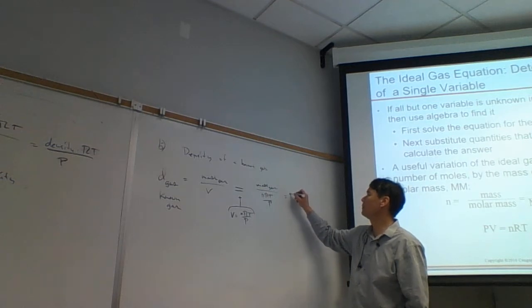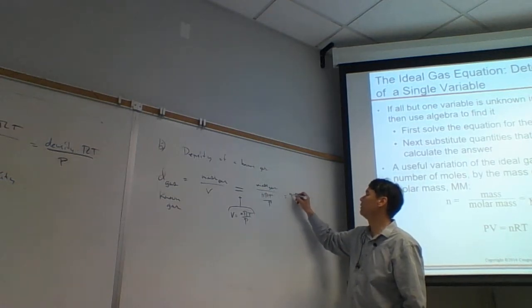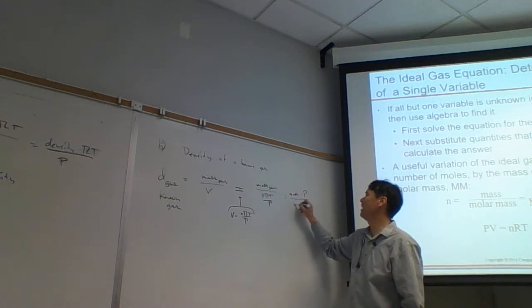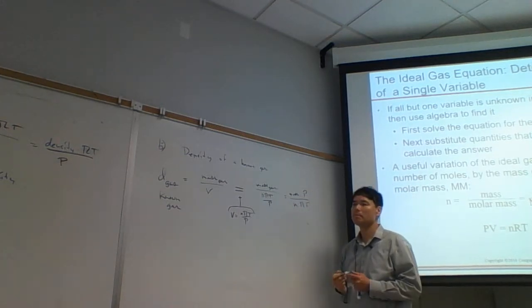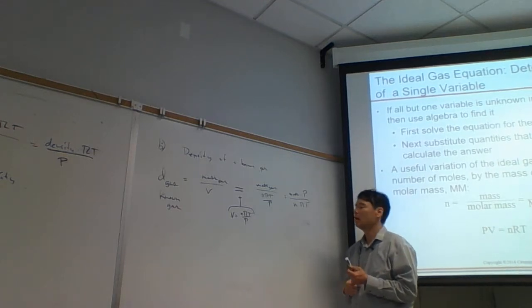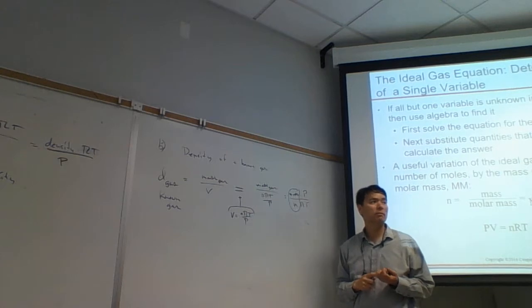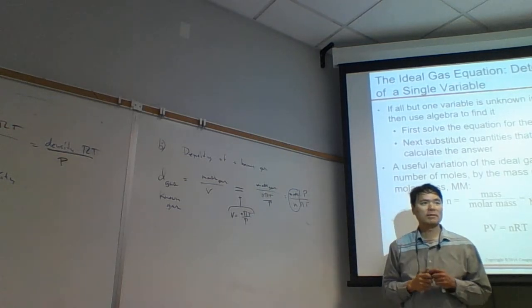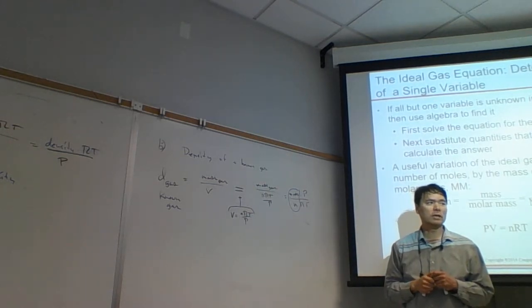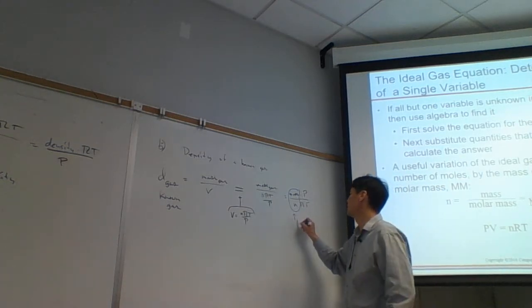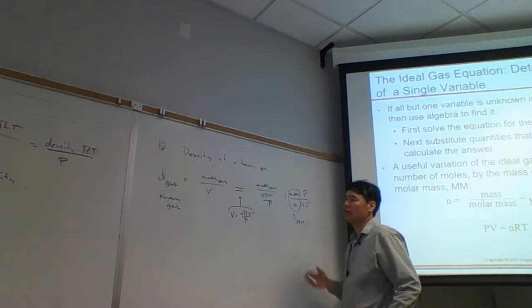If we invert and multiply, we're going to get the mass of the gas times P divided by nRT. Now, what is mass over mole? Like grams per mole. Have you heard that unit before? That should be recognizable. If we know the grams per mole, that's what we call the molar mass. And so this is the molar mass, which we'll abbreviate MM.